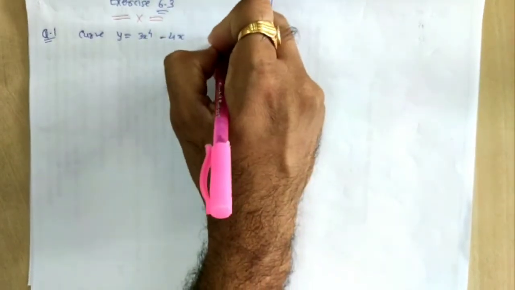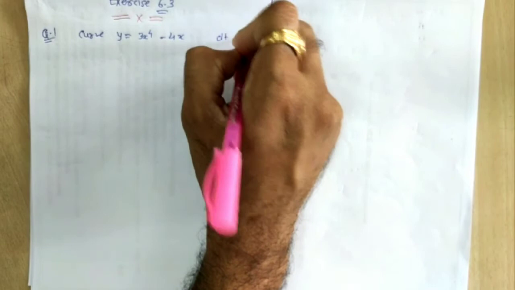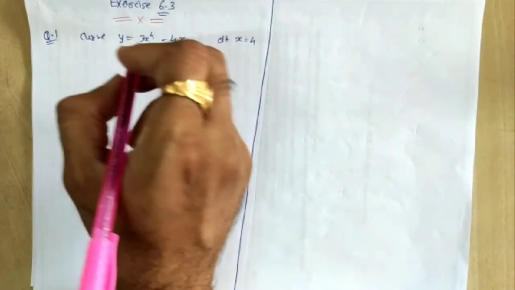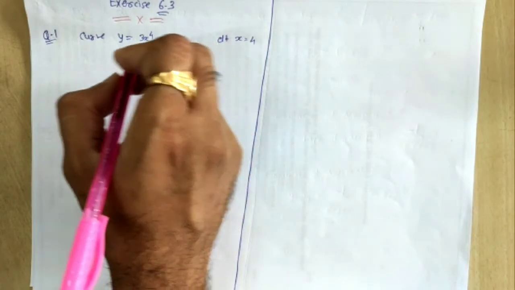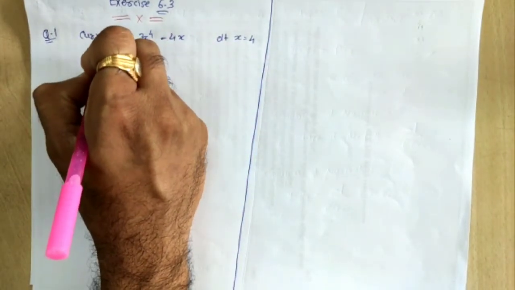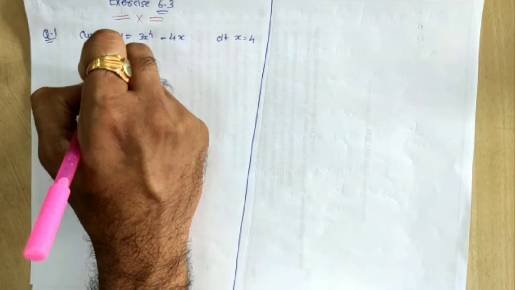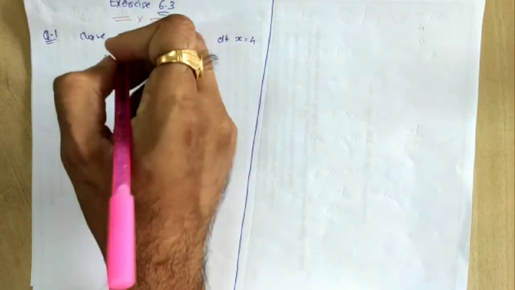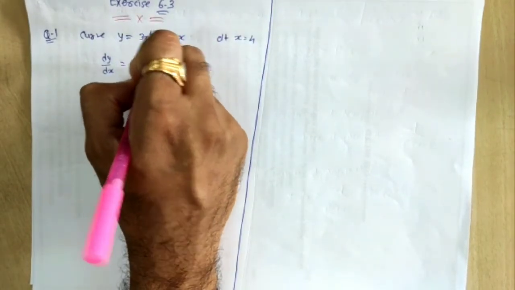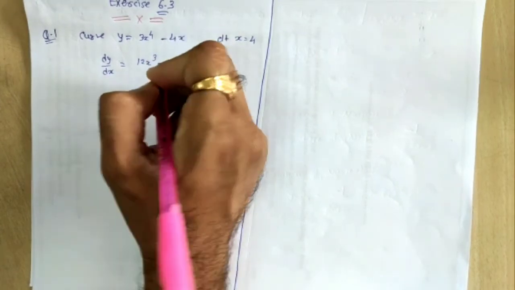You have to find the slope of tangent at x equal to 4. I just told you what the slope of tangent is. It is differentiation, the first order derivative with respect to x. So taking differentiation on both sides, dy by dx is equal to 12x cube minus 4.